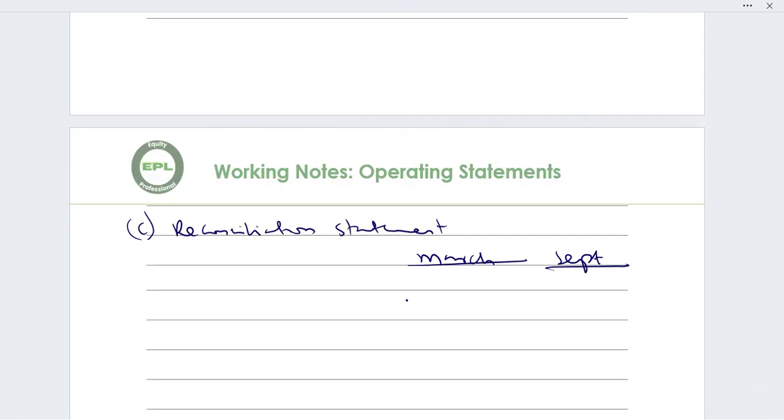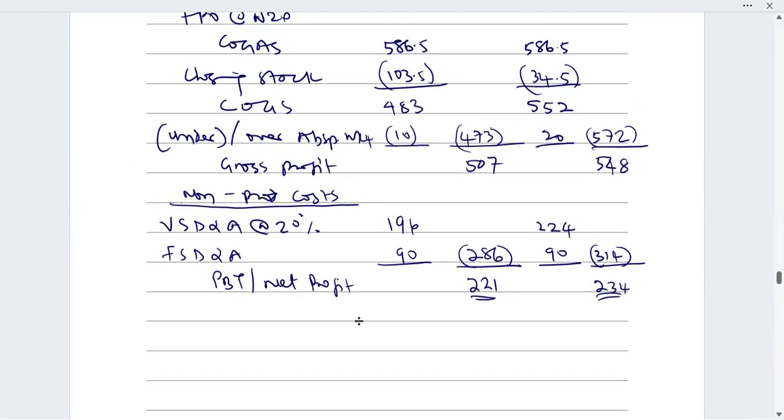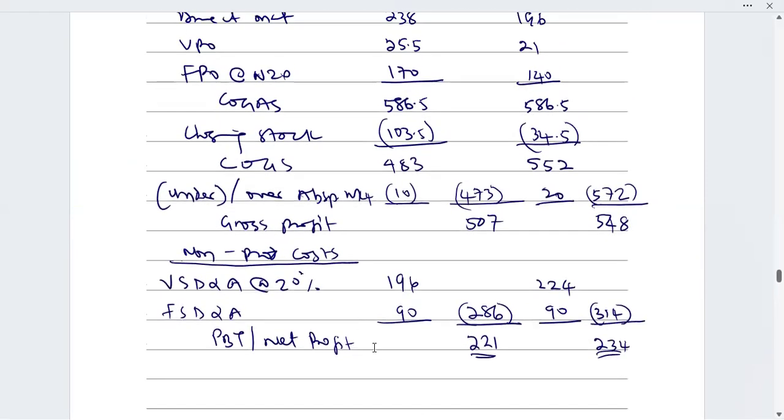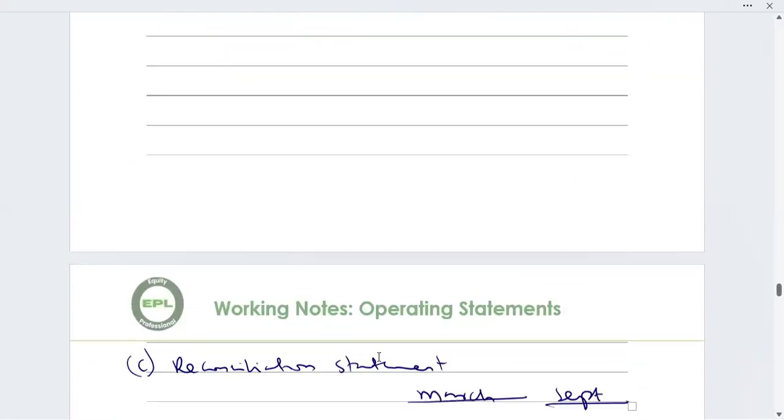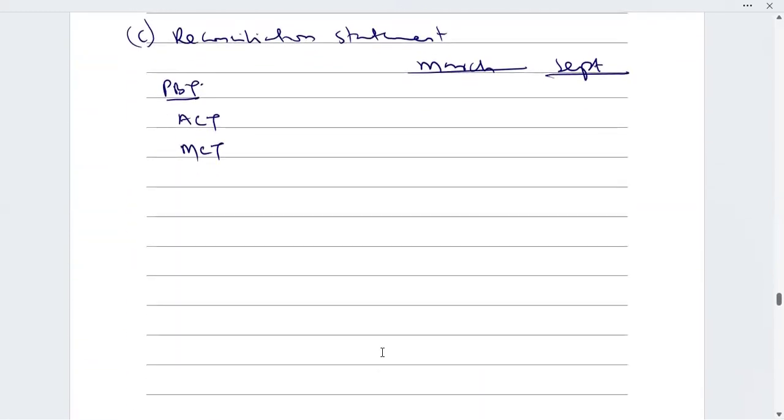So profit before tax. ACT, MCT. So what's profit before tax under ACT? Profit before tax for ACT, we got 221, 234.